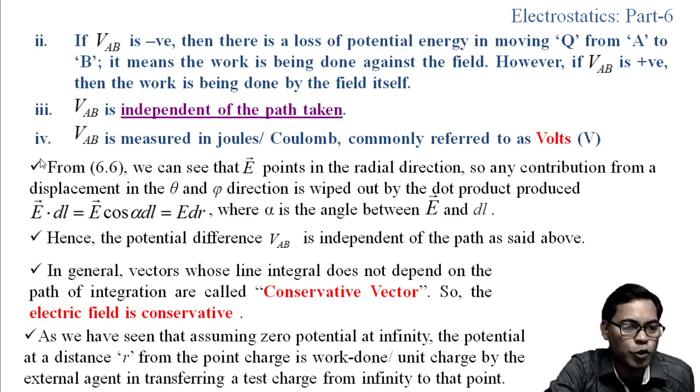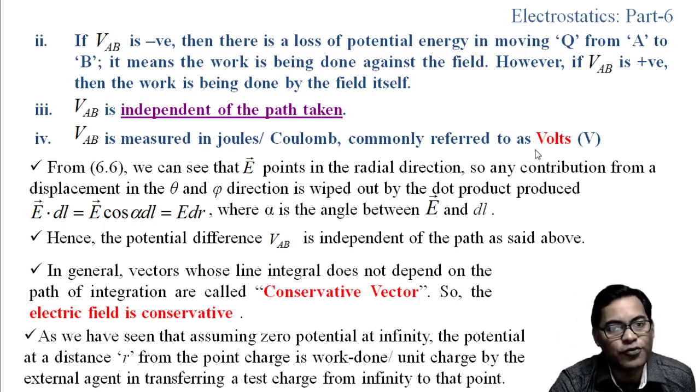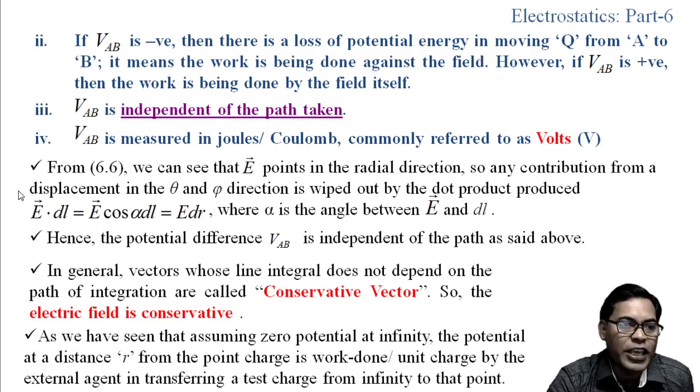The fourth point to note is that VAB is measured in joules per coulomb, which is commonly referred to as volts.